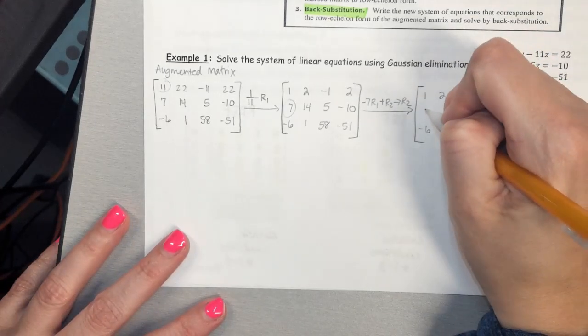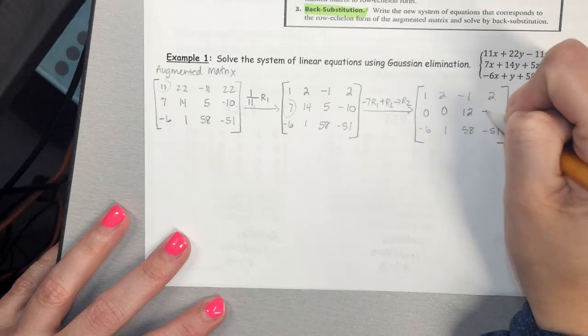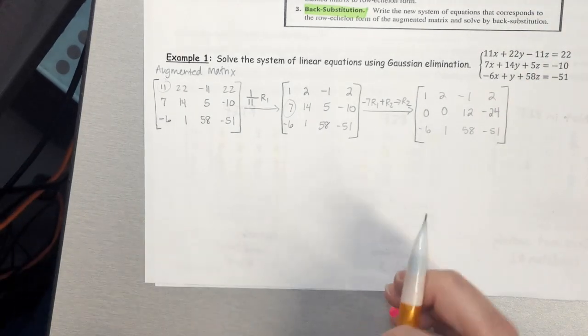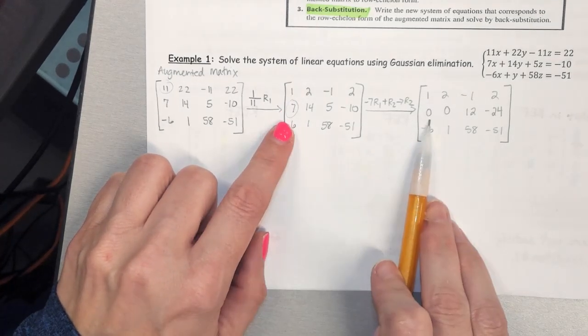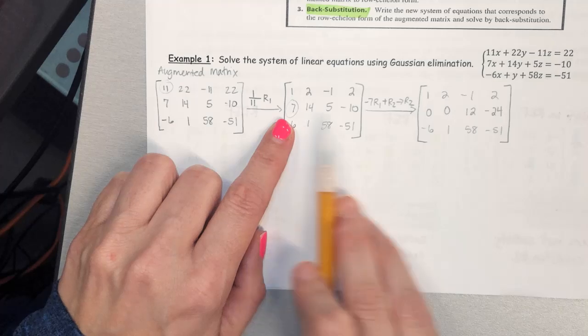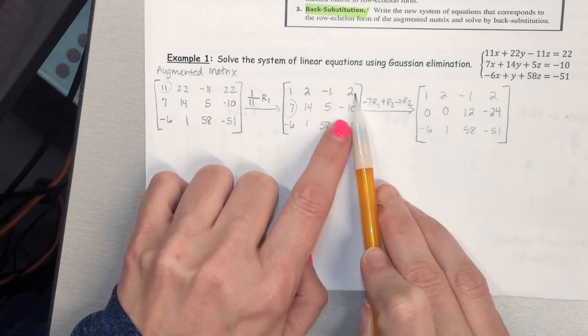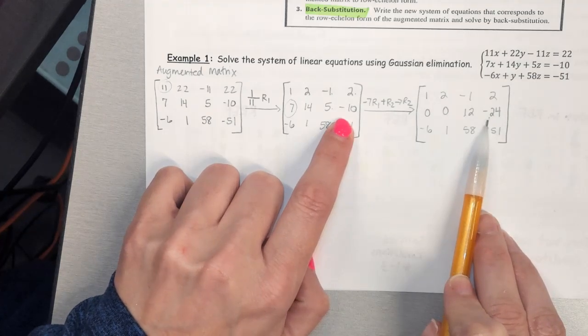What did you get for both of these? Yep, 0, 0, yep, and then 12 and negative 24. Okay, I'm nervous that I see some of you just copying that down. So it's negative 7 plus 7 is 0. Negative 14 plus 14 is 0. 7 plus 5 is 12. Negative 14 plus negative 10 is negative 24. Okay, you guys with me on that?